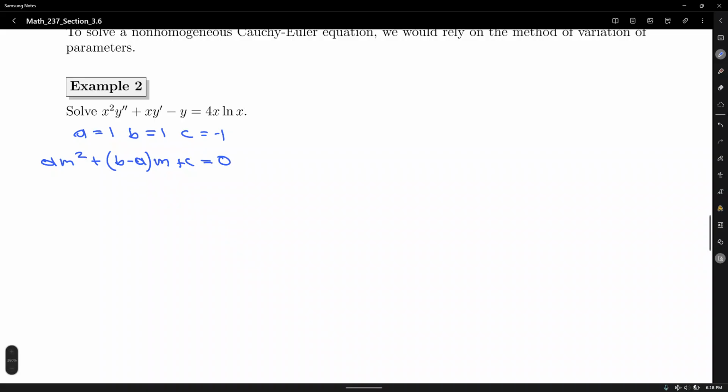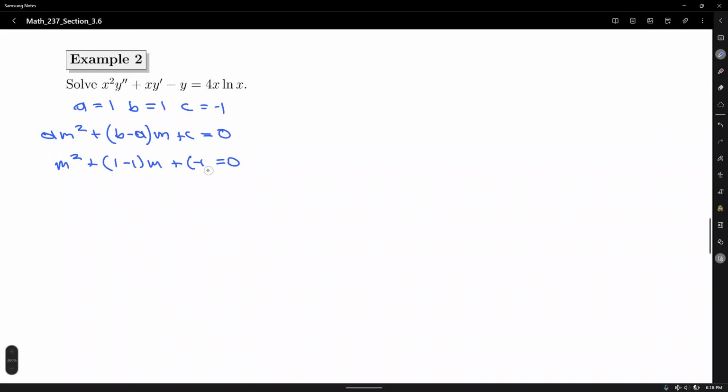All right. So that is 1 times m squared plus (b minus a), which is 1 minus 1, m plus c, which is -1, equal to 0. That's m squared, 1 minus 1 is 0, m minus 1, equal to 0.